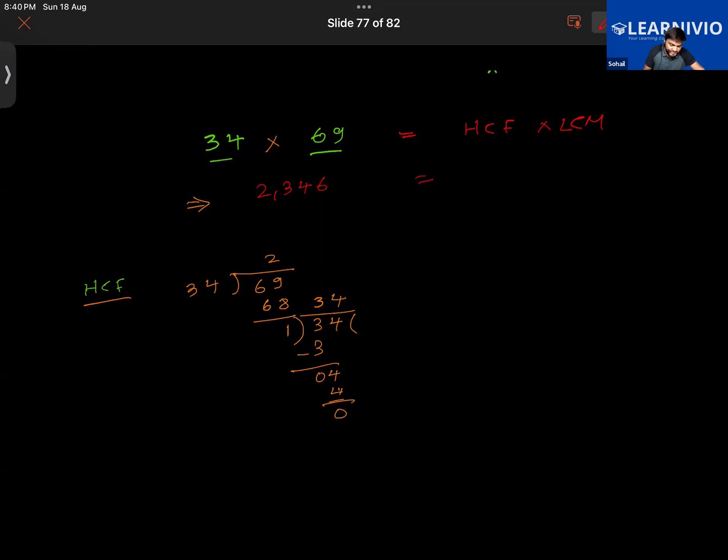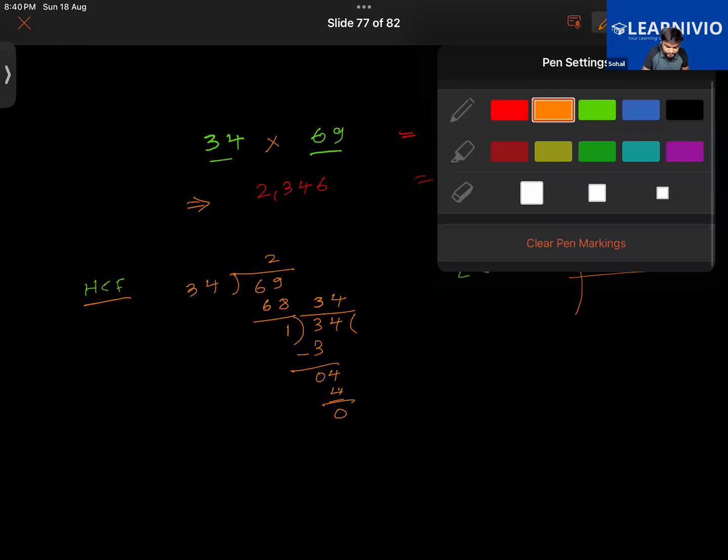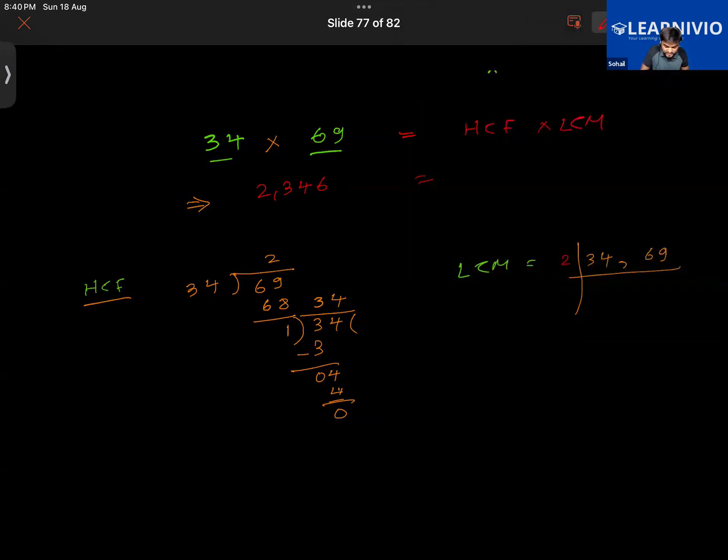Now let us find the LCM. Using the short division method, let us try to find it out. So it will be 34 and 69. Let us start with 2. Now 2 17s are 34, 69 is not divisible, so write it as it is.